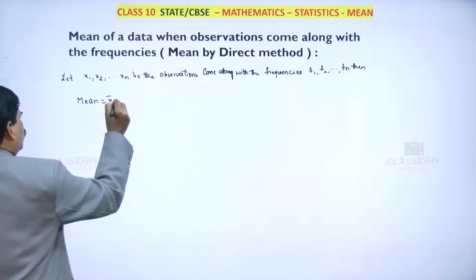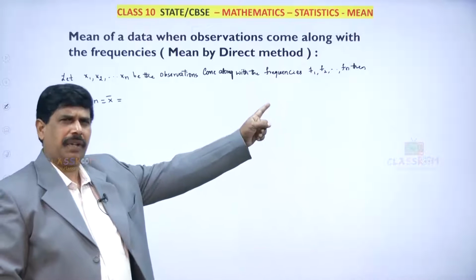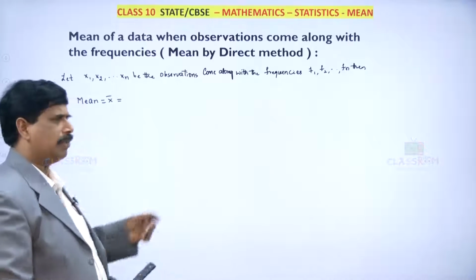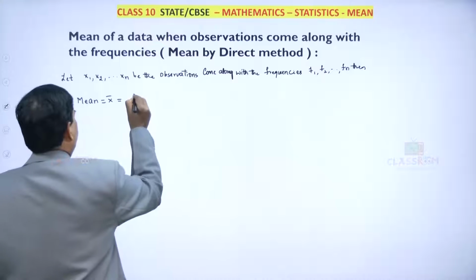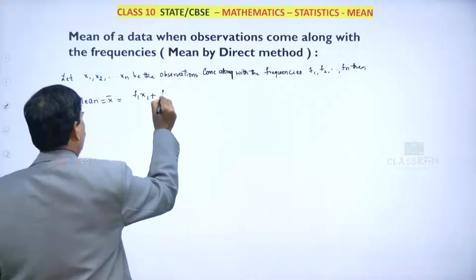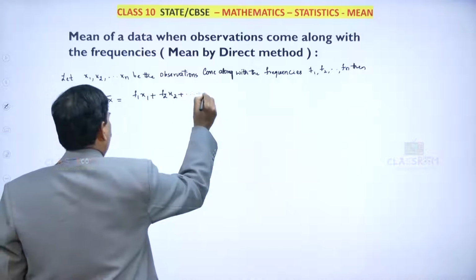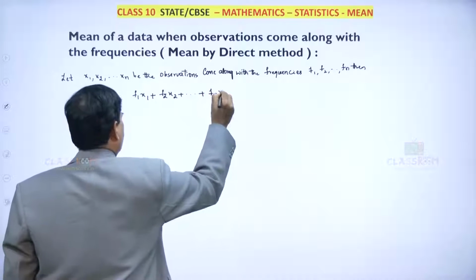x bar is equal to, what you have to do, children, you take the first frequency multiplied with the first observation, that is f1 x1 plus f2 x2 plus so on fn xn.